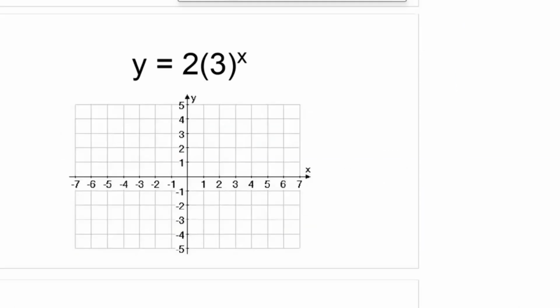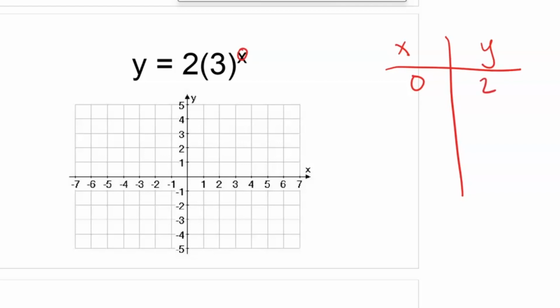So now let's look at what this looks like on the graph. And I'm going to make a table over here just to have that visual. So we already discussed when x equals 0, then 3 to the power of 0 is 1, and 2 times 1 is 2. And then when x equals 1, we would have 3 to the power of 1, which is 3, and then 2 times 3 is 6.